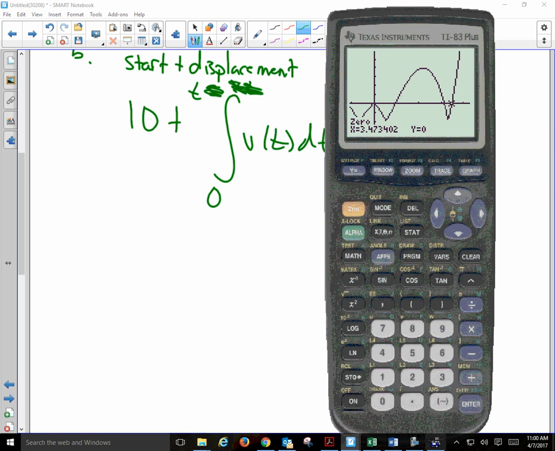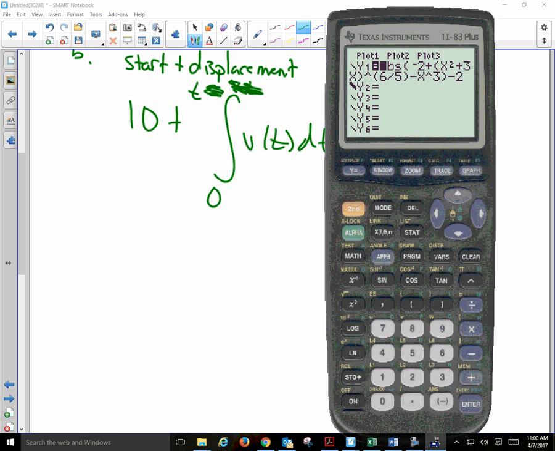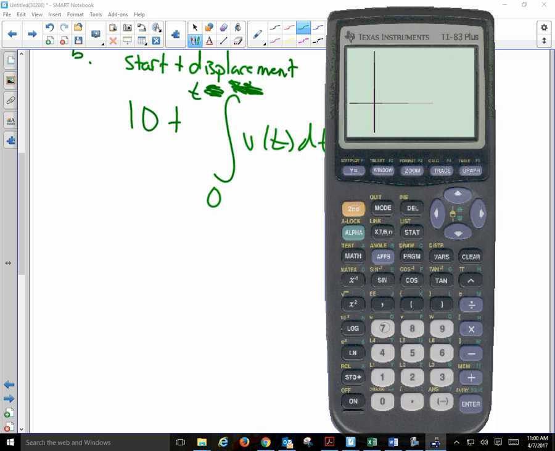So I'm going to go back to my calculator, and I'm going to go y equals. I'm going to get rid of my absolute value, and I'm going to second calculate number 7. Same exact thing that happened to me last hour. It's amazing. Very interesting function.